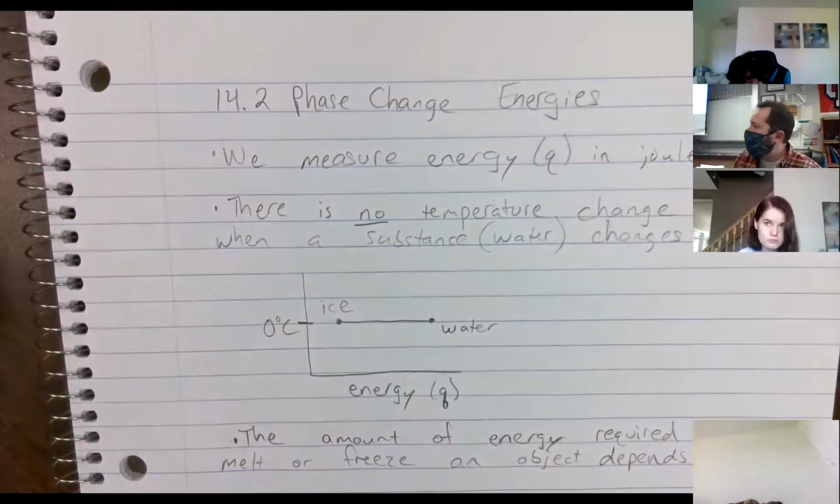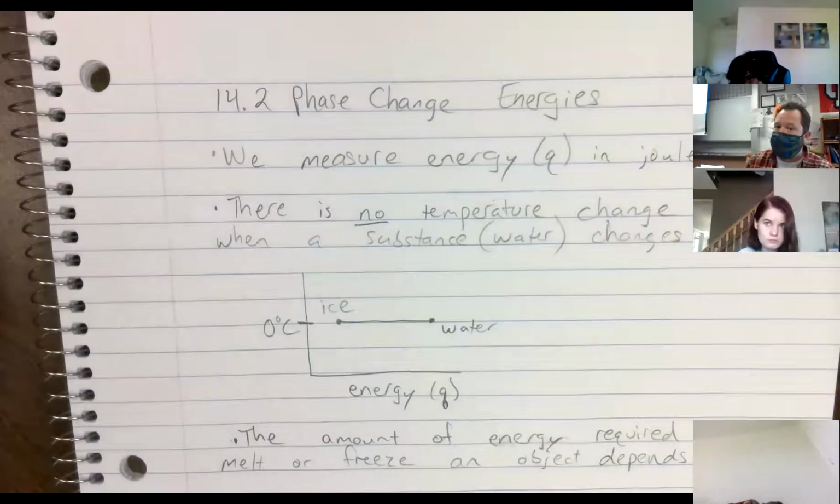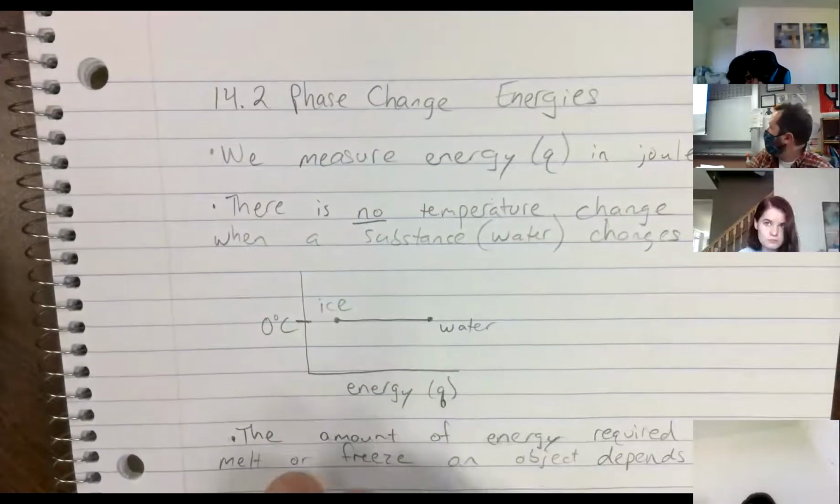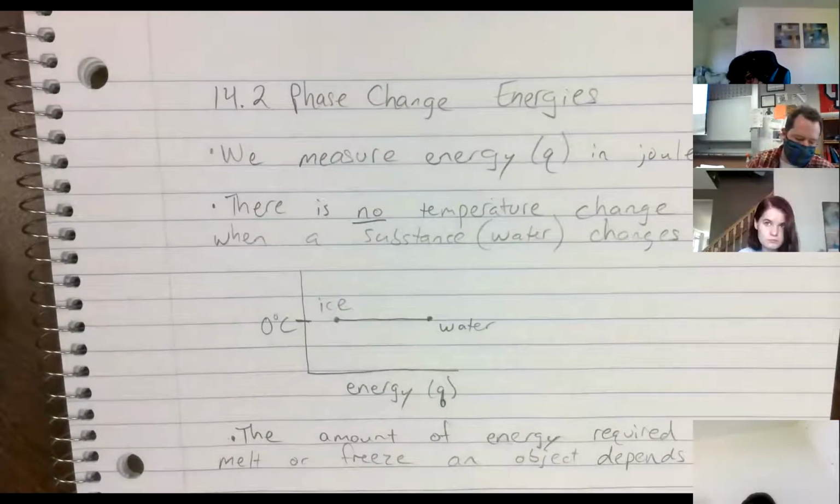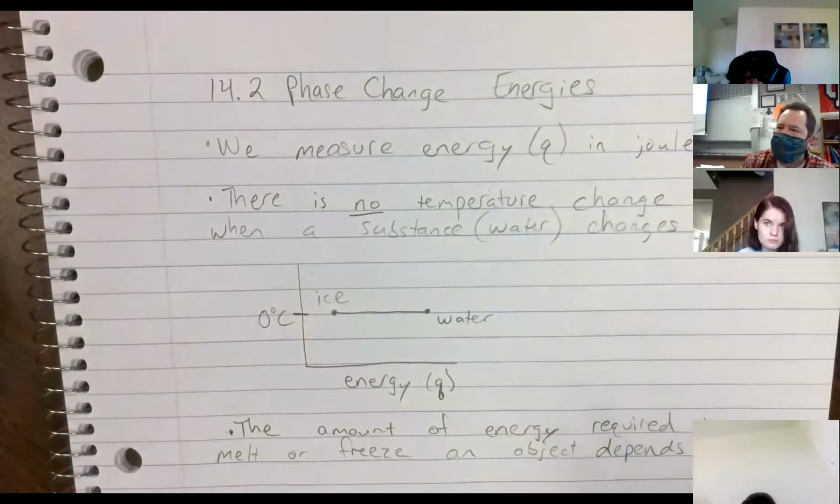So again, this chapter, thermochemistry, we're going to be doing a lot of energy calculations. So when we're going through a phase change, the amount of energy that's required to change the phase, like melting or freezing, depends on two things.